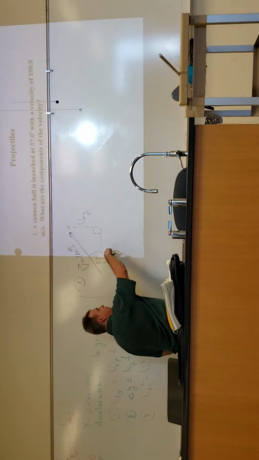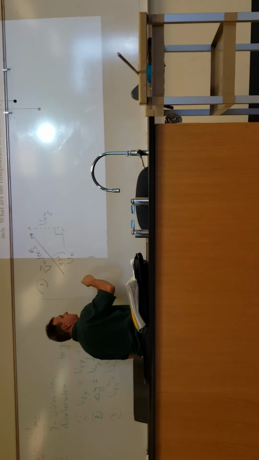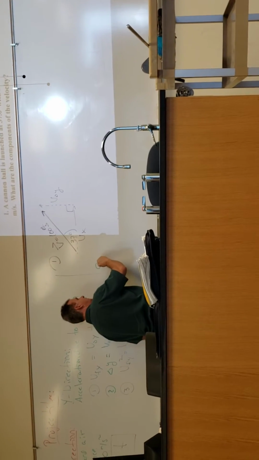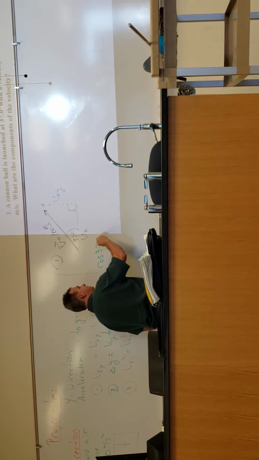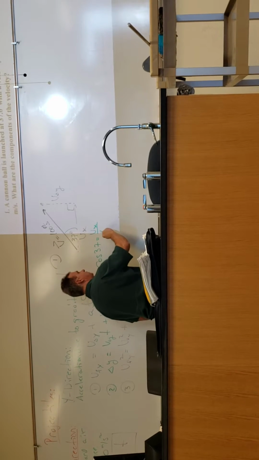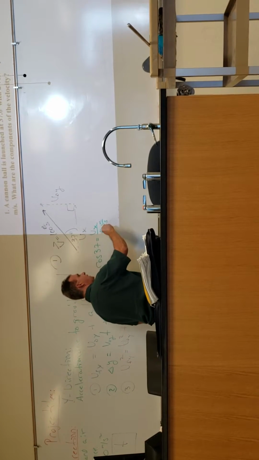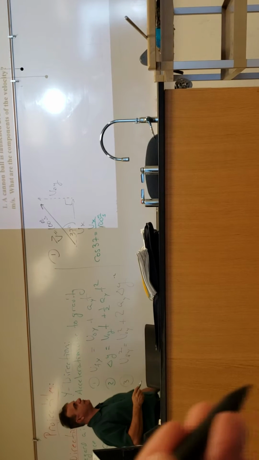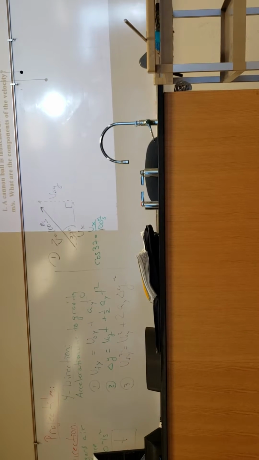Adjacent over hypotenuse is the cosine. So the cosine of 37 is the adjacent side all over the hypotenuse. That's one equation, one unknown, and it will tell me the x component very fast.